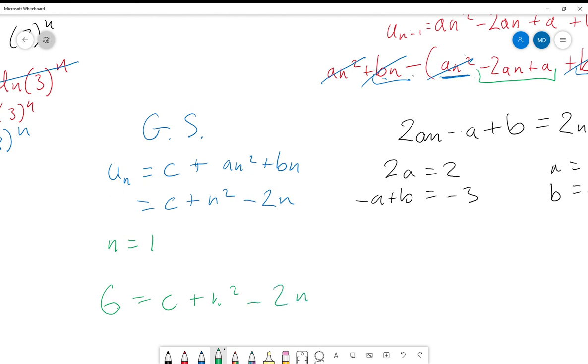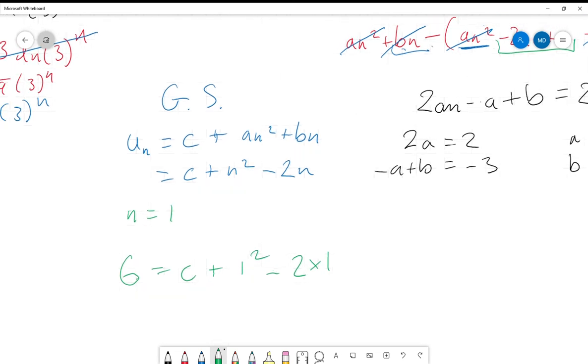But remembering our n was 1, so 1 squared minus 2 times by 1. So 6 is equal to c minus 1, and so c equals 7. And now we get our final solution of u_n equal to n squared minus 2n plus 7.